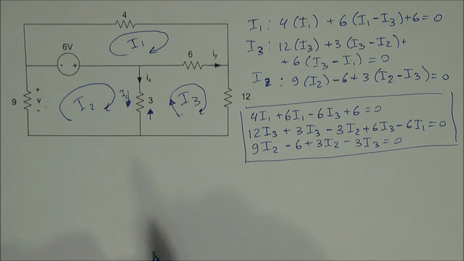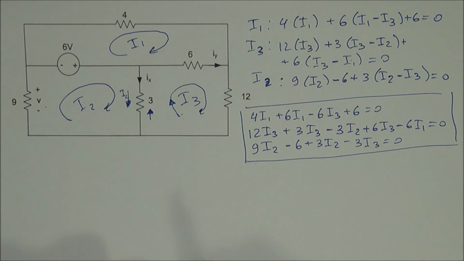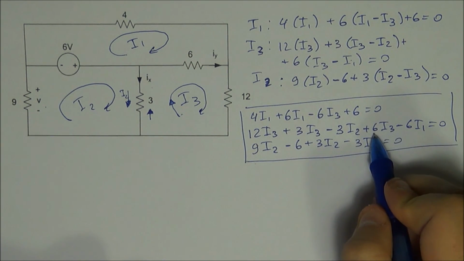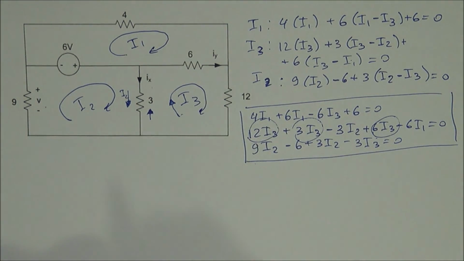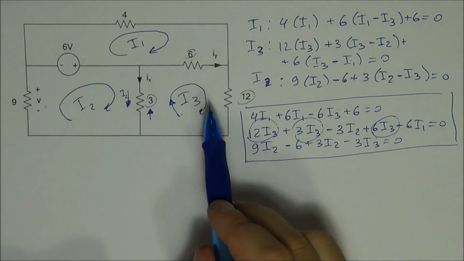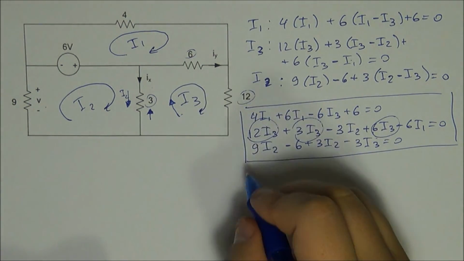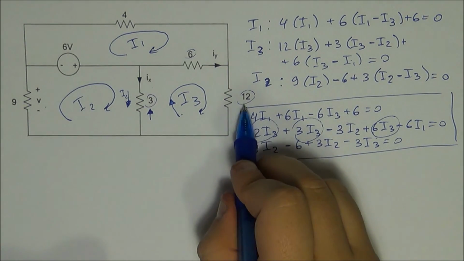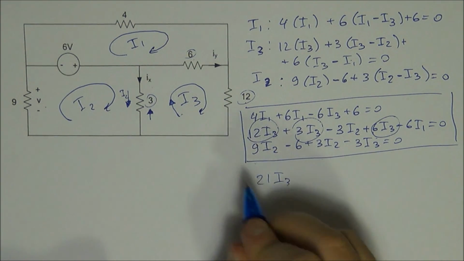A quick tip that I want to give you is, as you do more and more of these, you can notice there's 6I3, 3I3 and 12I3, right? This comes from this 12, 3 and 6. You should be able to recognize them when you do the mesh analysis, and just in your head write it out as 12 plus 6 plus 3, so 12 plus 9, so 21I3.